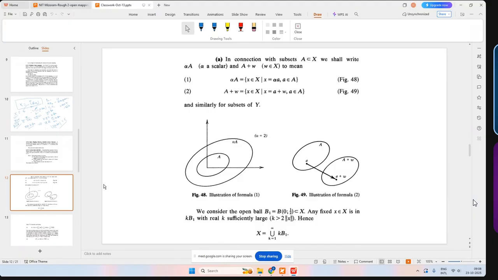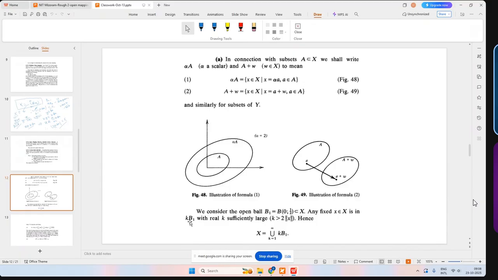If you fix any x, you should understand what KB1 is. It is a dilation of the ball of radius 1. What is KB1? Can you tell me? Sir, a ball with radius 1/2 and center 0. No, that is different. KB1, K times B1.